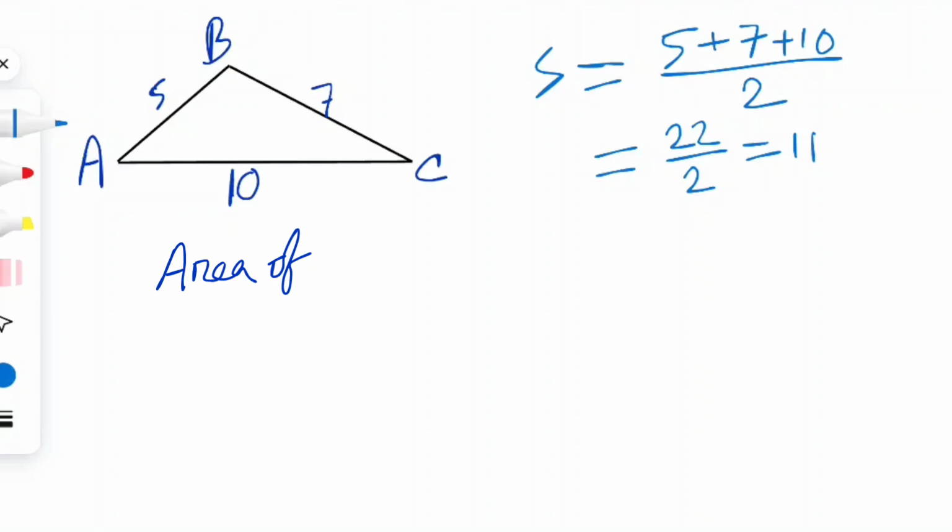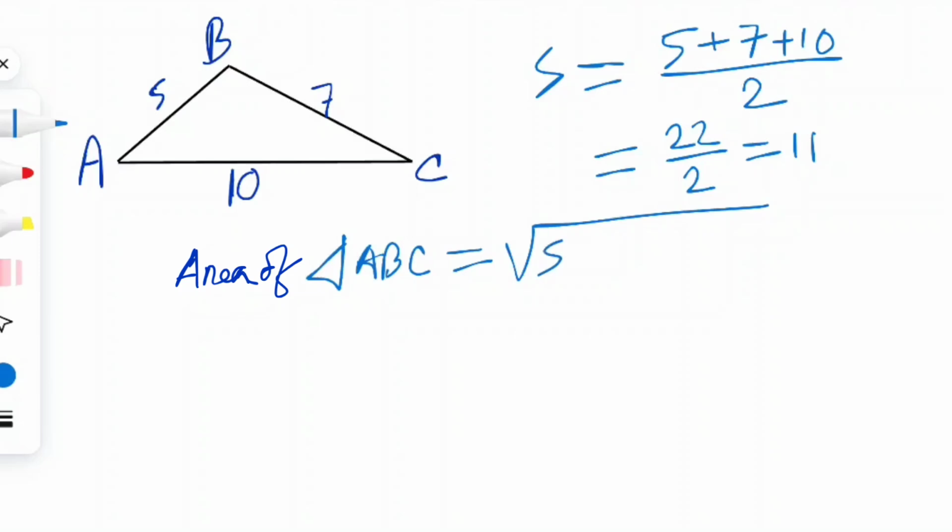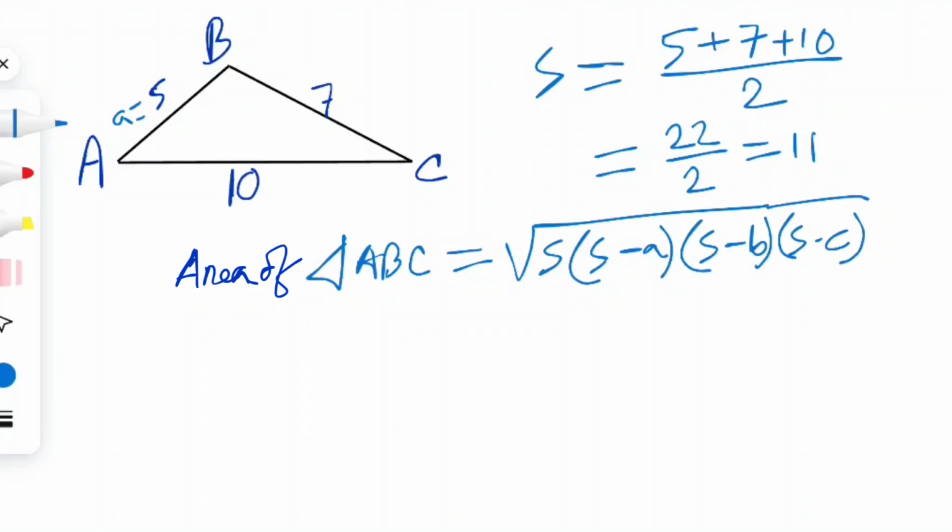The Heron's formula is: triangle ABC, area of the triangle equals root over S into S minus A, into S minus B, into S minus C. Here A equals 5, B equals 7 and C equals 10.